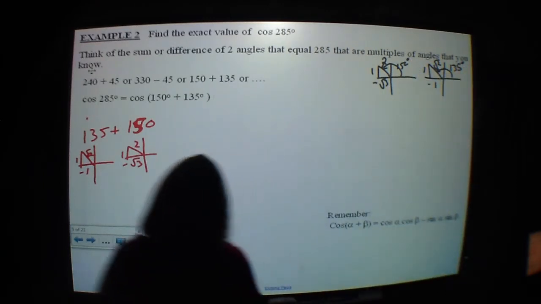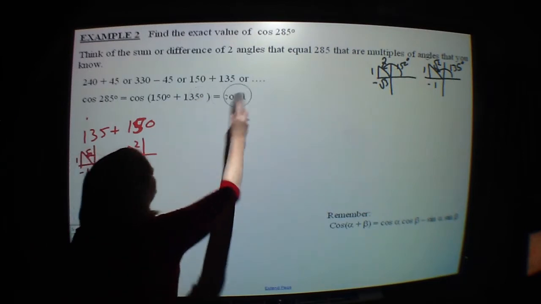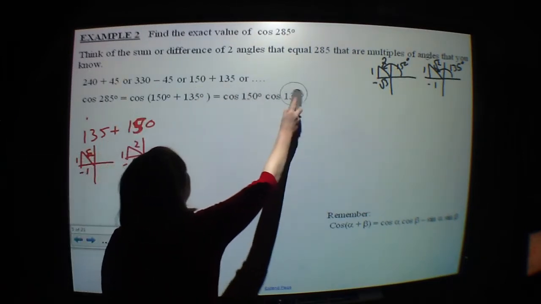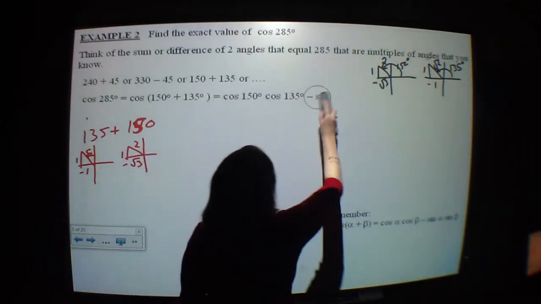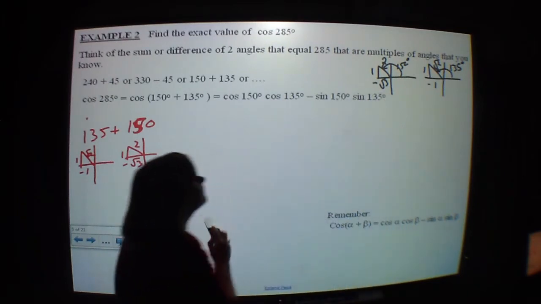Okay? So there are my pictures, so you have pictures. And then it's really easy to do sine, cosine. So that's equal to the cosine of 150, cosine of 135, minus the sine of 150, sine of 135.